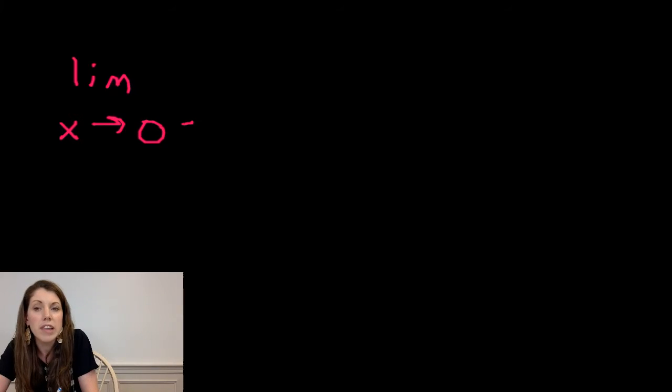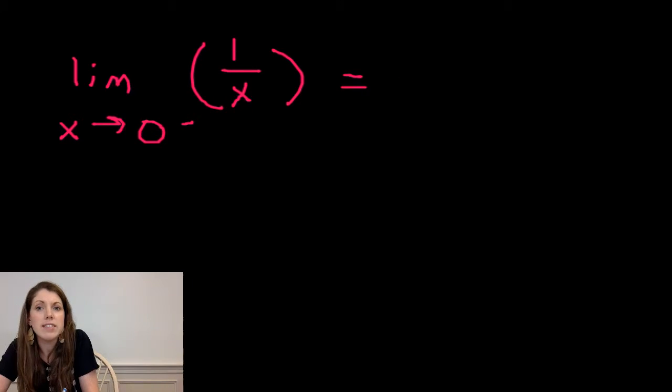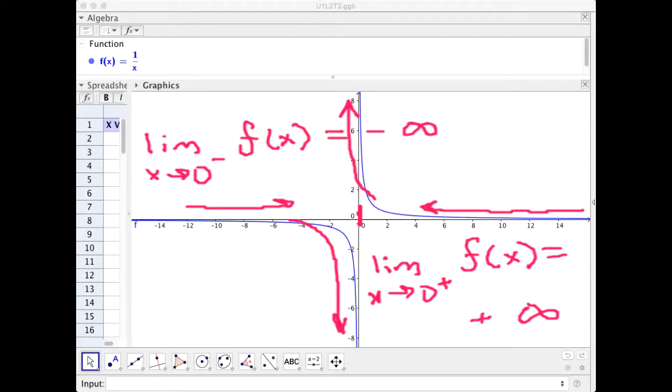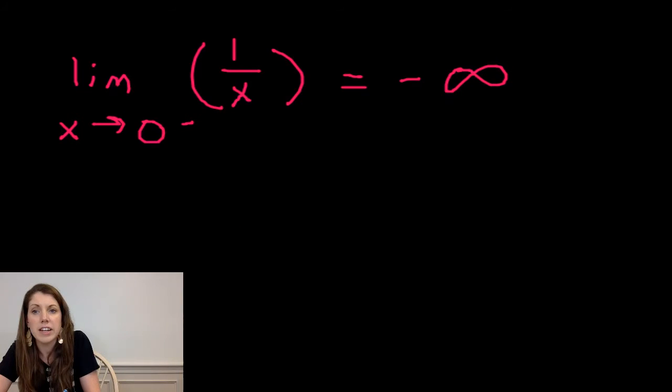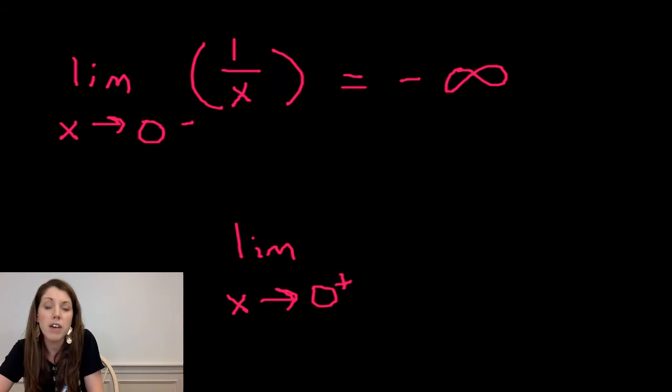The limit as x goes towards 0 from the left side for this function, 1 over x, the answer is negative infinity. The graph moves down, left side down. On the other hand, the limit as x goes towards 0 from the positive or right-handed side of this same function goes towards positive infinity.